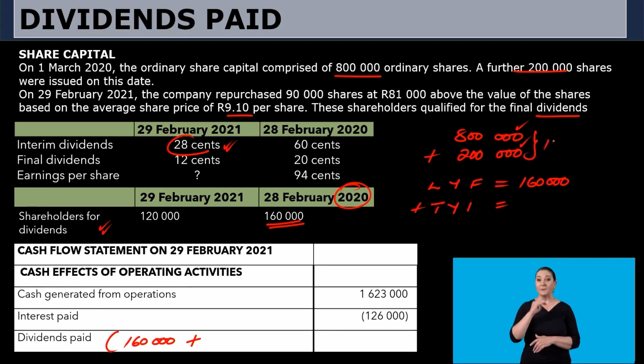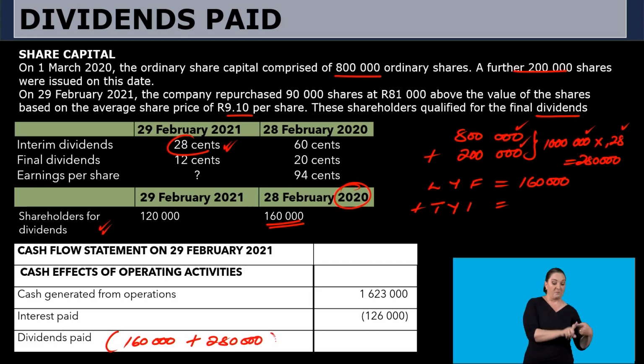That means we now have 1 million shares. Then I'll multiply this by 28 cents per share. On your calculator, how much do you get? 1 million multiplied by 28 cents, and you end up with 280,000.